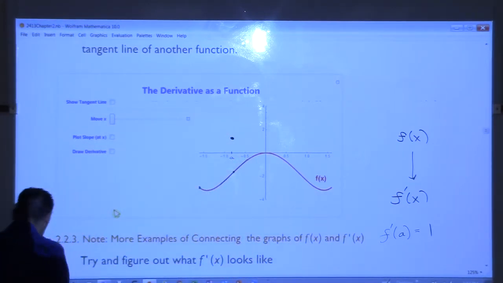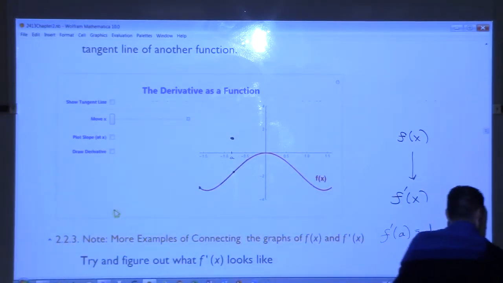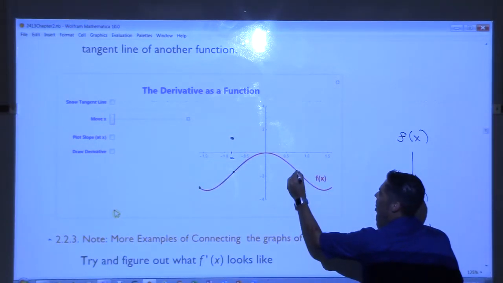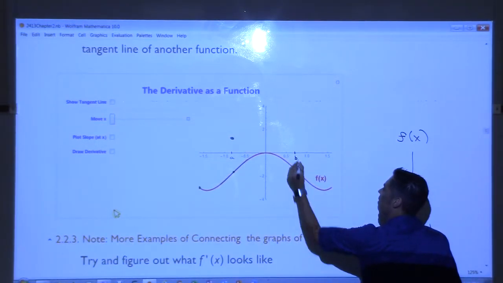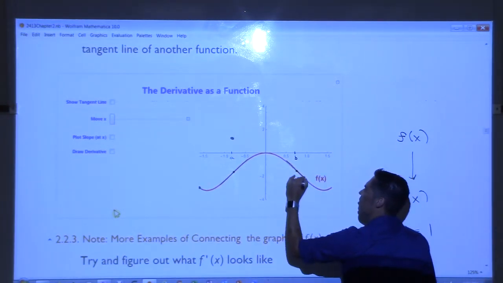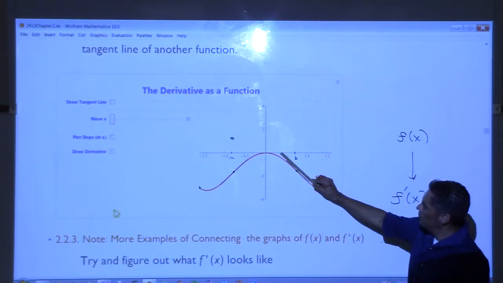All right, let's go on. Jackson. How about here, Jackson? Let's call that B. So the slope of the tangent line, here's the tangent line, you agree? What would you say that slope is? I'd say it's like 1.5, almost 2.